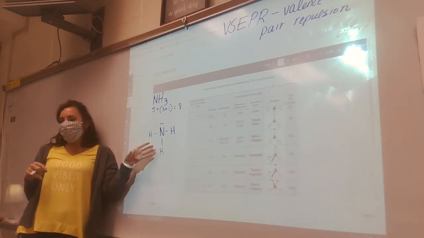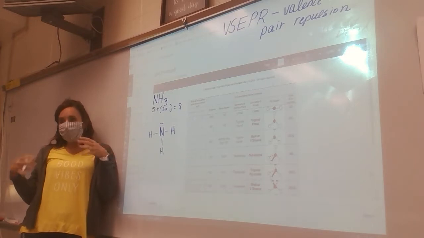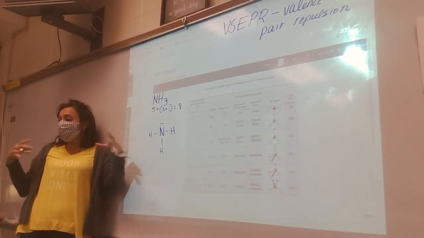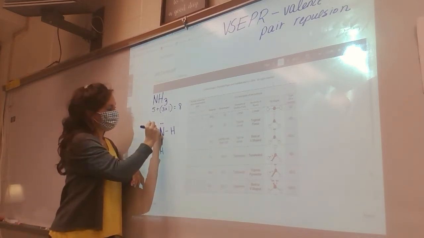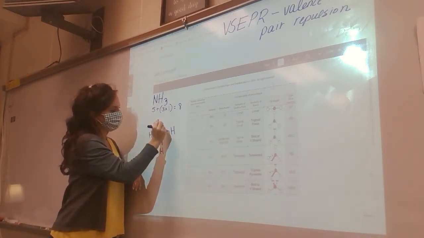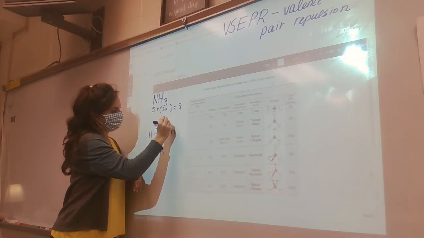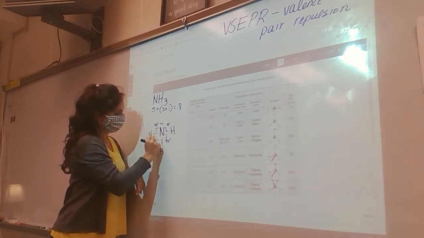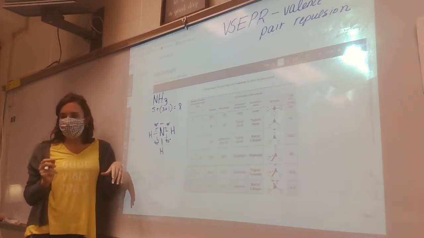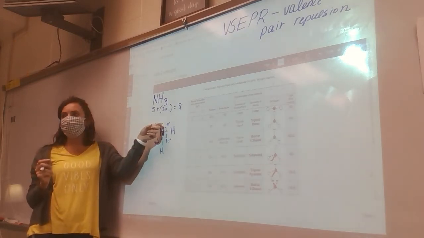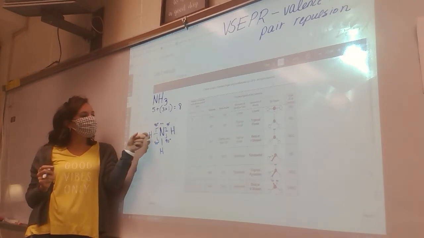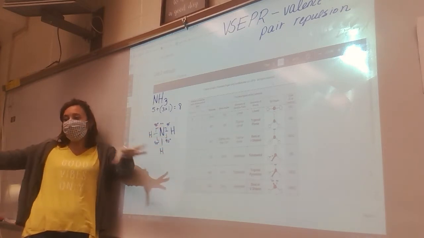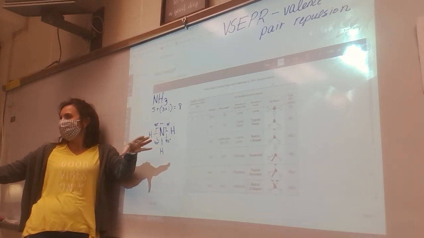But this is not what this would really look like. The electron locations in NH3, ammonia, are actually farther apart. So if we measure the bond angle of this, these are all 90-degree angles. But because of electron repulsion, this lone pair of electrons repels the single electrons in hydrogen, and they all get pushed down and away from each other because they're repelling.